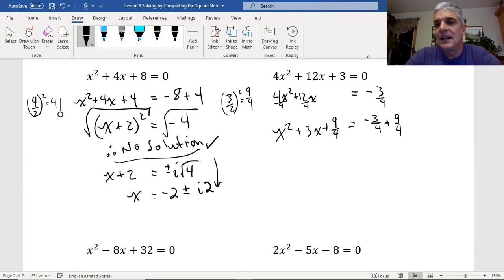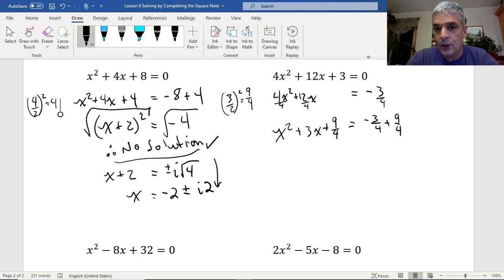And see how by leaving it as 9 over 4, I actually have a common denominator here. This worked out really nice for me, okay? And so don't get jumping and moving it to decimals and doing stuff like that. Just leave it in a fraction form, okay?